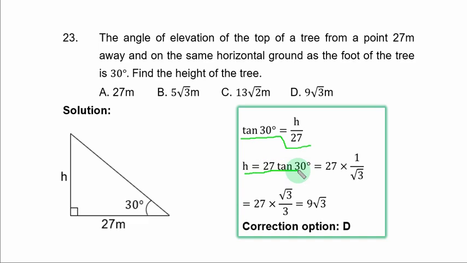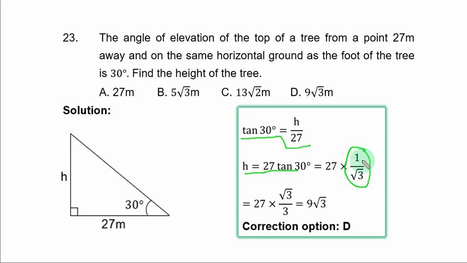The answers you have are expressed in short form, so you have to use special angles. Special angles for 30 degrees, that is looking at sine, cosine, and tan. But the special angle of tan 30 is simply 1 over root 3. Now, you need to rationalize this root.